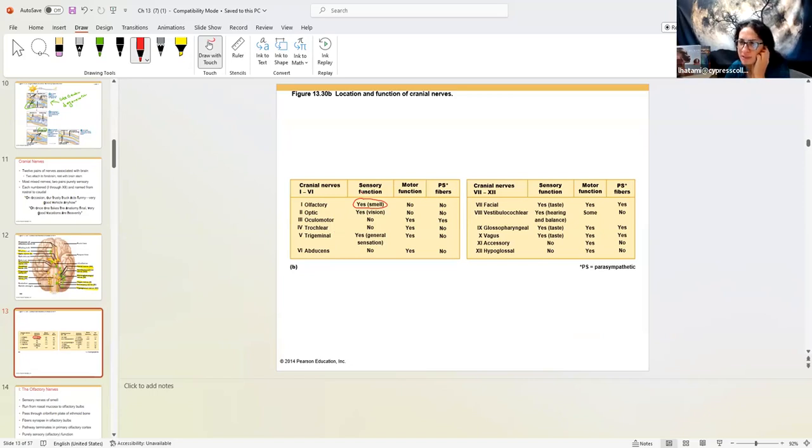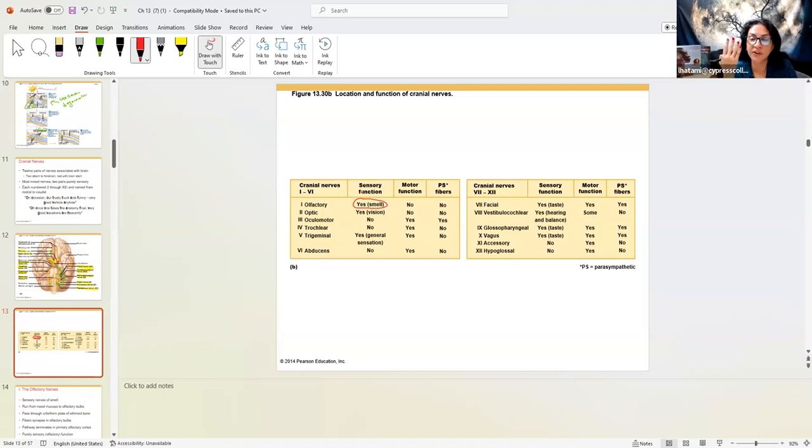What does it mean, parasympathetic fibers related to the cranial nerves? In the autonomic nervous system chapter, we're going to learn about the sympathetic and parasympathetic nerve fibers. Some of the parasympathetic nerve fibers travel along some of the cranial nerve fibers.